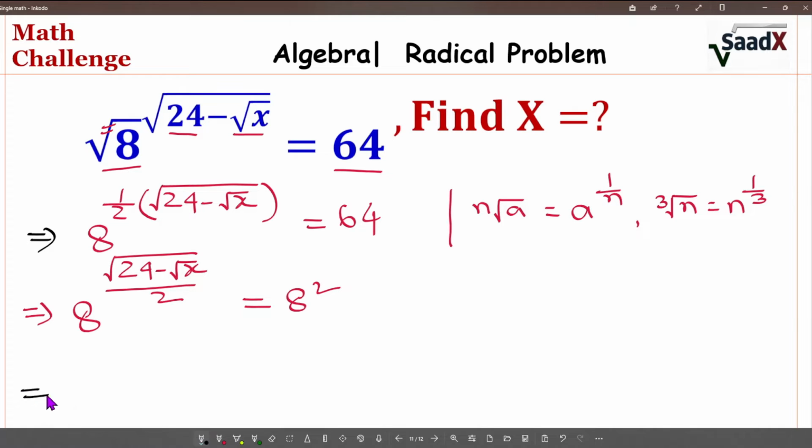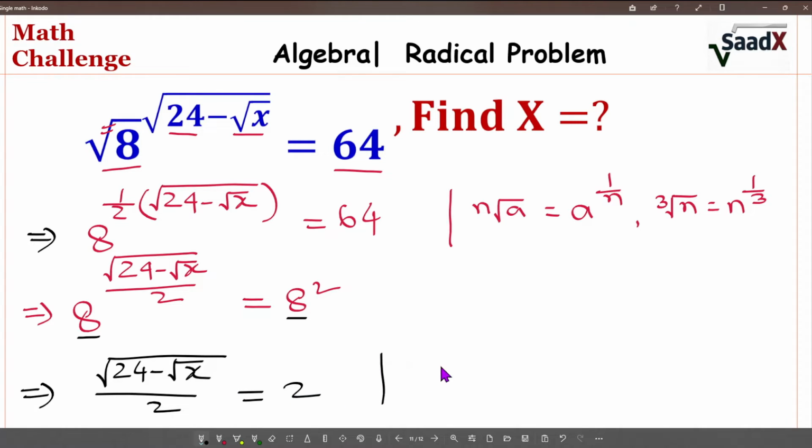Then we know once the bases are the same, here is 8, here is 8, that time the powers will be equal. So it means root 24 minus root x divided by 2 equals 2. How? We know a to the power n equals a to the power m means n equals m.